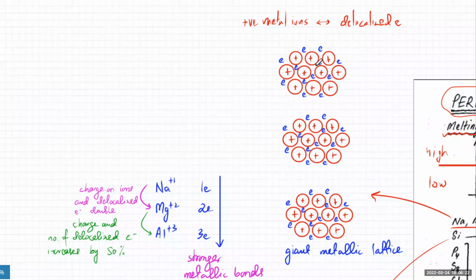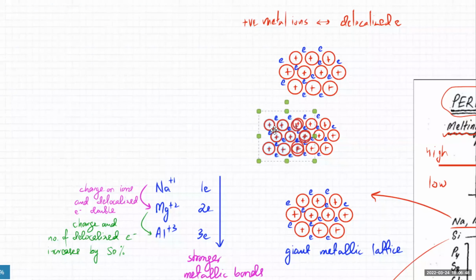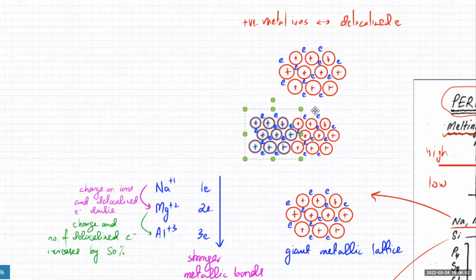But what happens is, when you move across the period, Mg would be smaller in size. Because it has more protons, its metallic lattice ion would be smaller in size, so they're going to be more tightly packed.